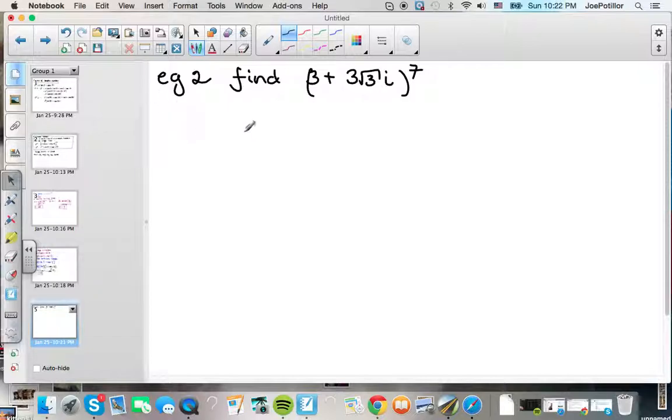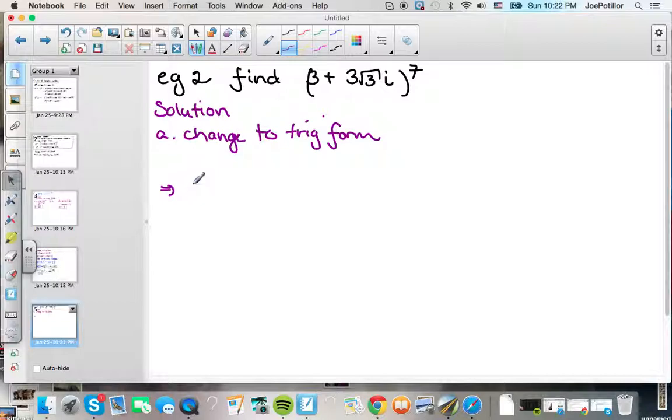So the same solution applies here, we need to convert it once again. We need to change it.